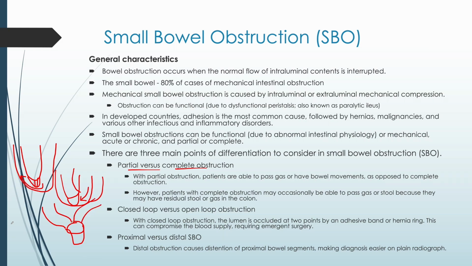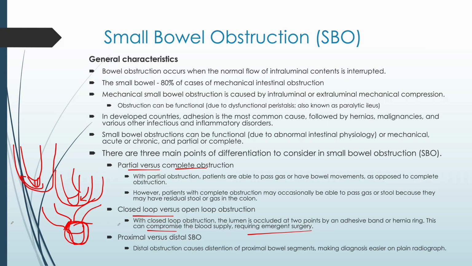It's getting obstructed in two areas, here and here, and this loop here is closed off. That is a closed loop obstruction, and these are much more commonly compromised, with the blood supply getting cut off and requiring emergency surgery. I tend to think of that as like femoral hernias and things like that.